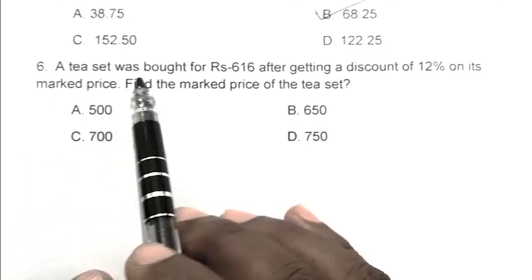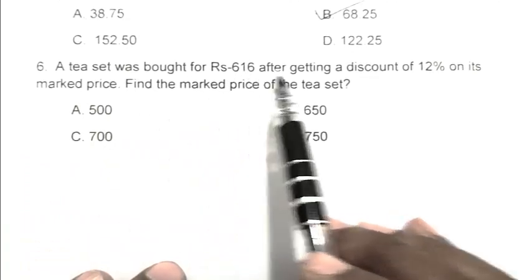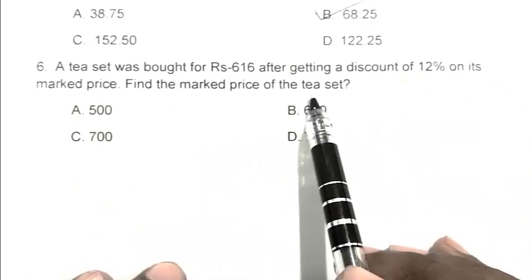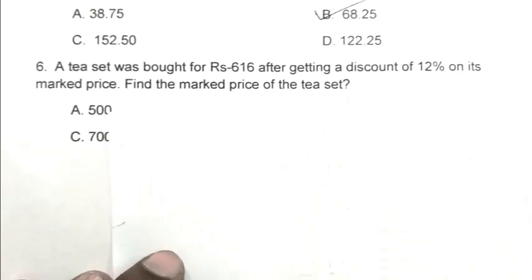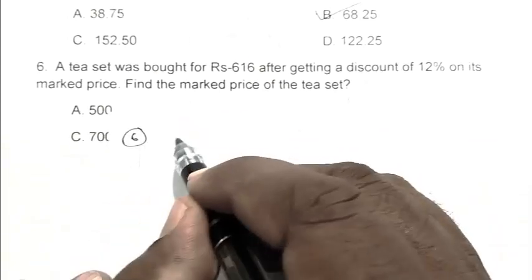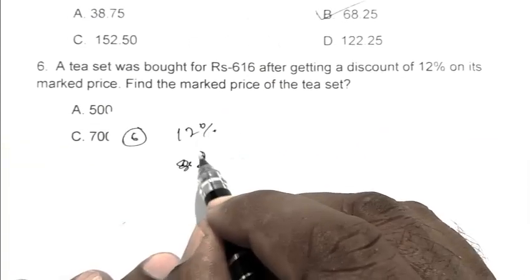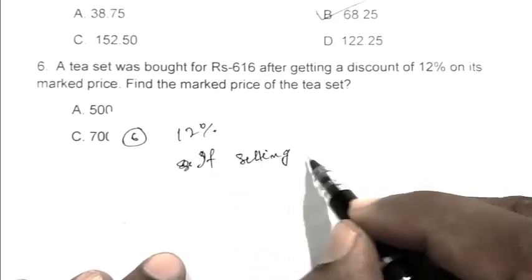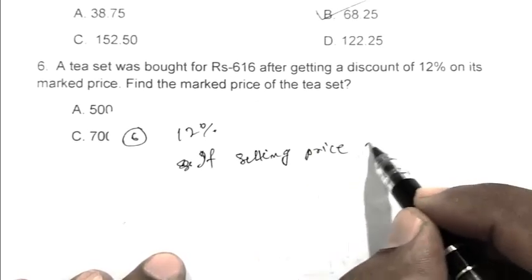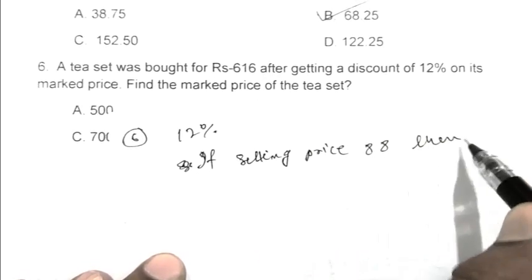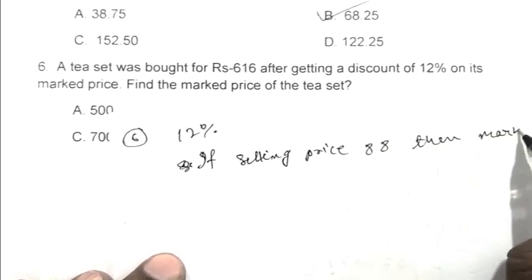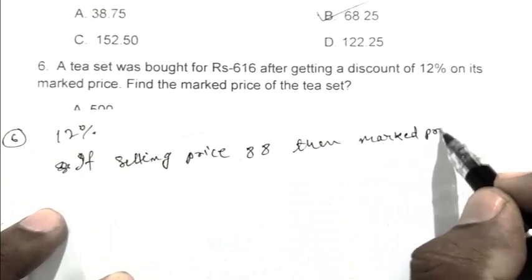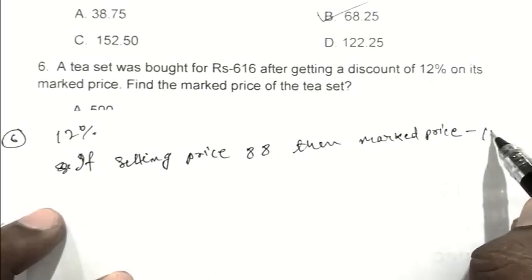Question number 6. A tea set was bought for rupees 616 after getting a discount of 12% on its marked price. Find the marked price of the tea set. So he gets 12% discount, so selling price is 88 when the marked price is 100.